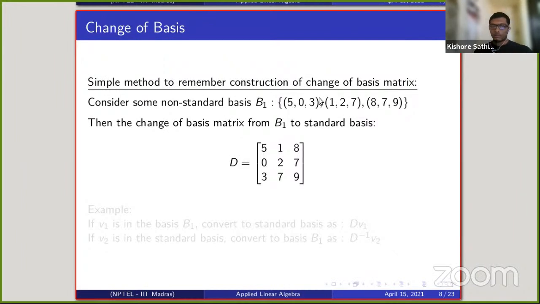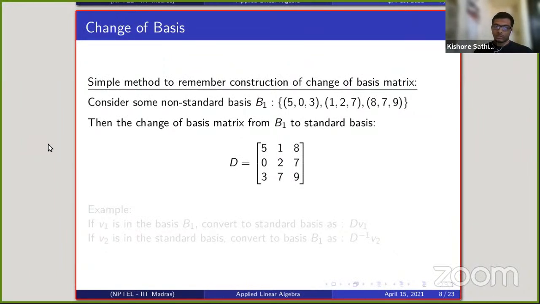So in my opinion, the biggest obstacle in understanding change of basis is in actually understanding the change of basis matrix to convert from one basis to another. So here is my method to remember how to construct the change of basis matrix. Different people have different methods to remember, but this is what I use, and maybe this might be useful to you.